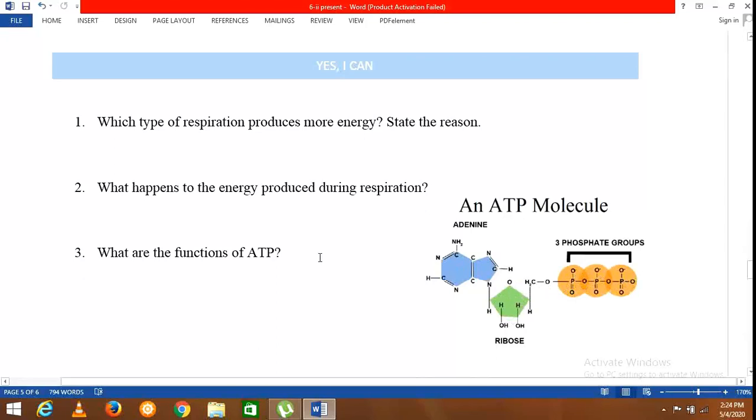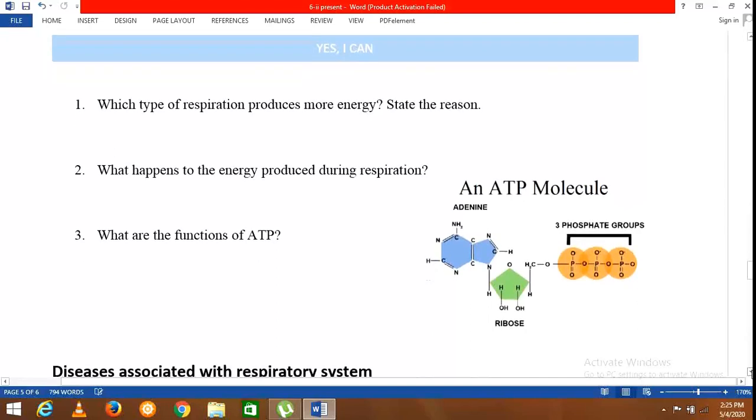So the functions of ATP are storage of energy, release of energy on requirement, and acting as an energy carrier when we need to transport this energy from one place to another.